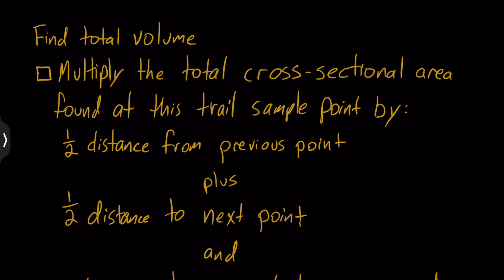Now we want to multiply that area that we found in square centimeters against the length halfway to the previous point and halfway to the next point that we're going to survey using this same cross-sectional area measurement technique. And then we're just going to multiply everything together, and that'll give us not an area, but a volume, a total number of bucketfuls or handfuls or dump truck loads of soil that have been moved or disrupted from this system.